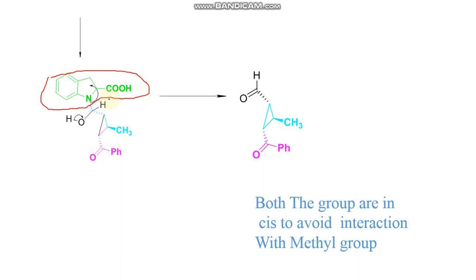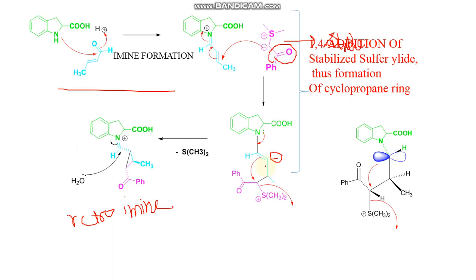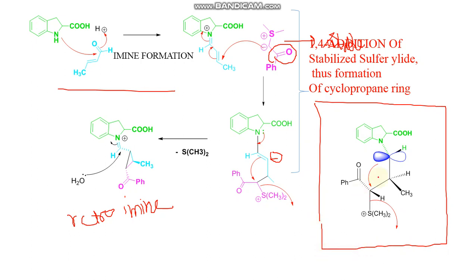Now to come back, what is the stereochemistry of the substituents? As you can understand, you have a CH3 group and these two substituents. Obviously they will be retained in such a position that CH3 will not interfere with these two substituents. Now to get the intricate details, we have to go to the orbital overlap concept, which is shown here. Look at this step.